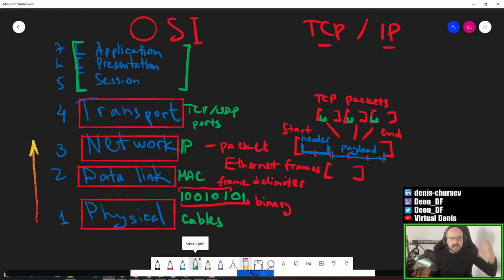So in the end, you receive a bunch of really useful data that has your network information, but it is packed, or rather separated, in small pieces called TCP packets, which are delivered by IP packets, which arrive as Ethernet frames, which are actually a bunch of ones and zeros, but because we know how they start, we get where they start and end, because we have these delimiters between frames.